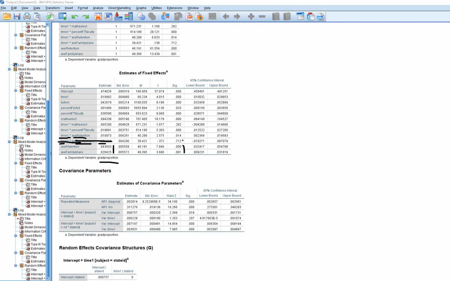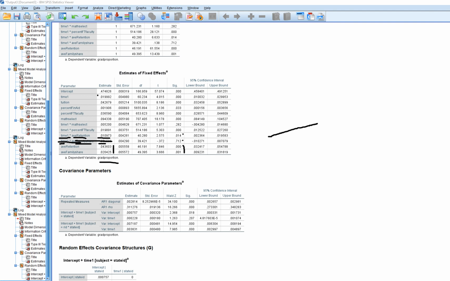The average retention interacted with the time 1 predictor variable is positive and statistically significant. If we look back up here at our time 1 predictor, it's positive, indicating a positive trend in graduation proportion over time across the states.